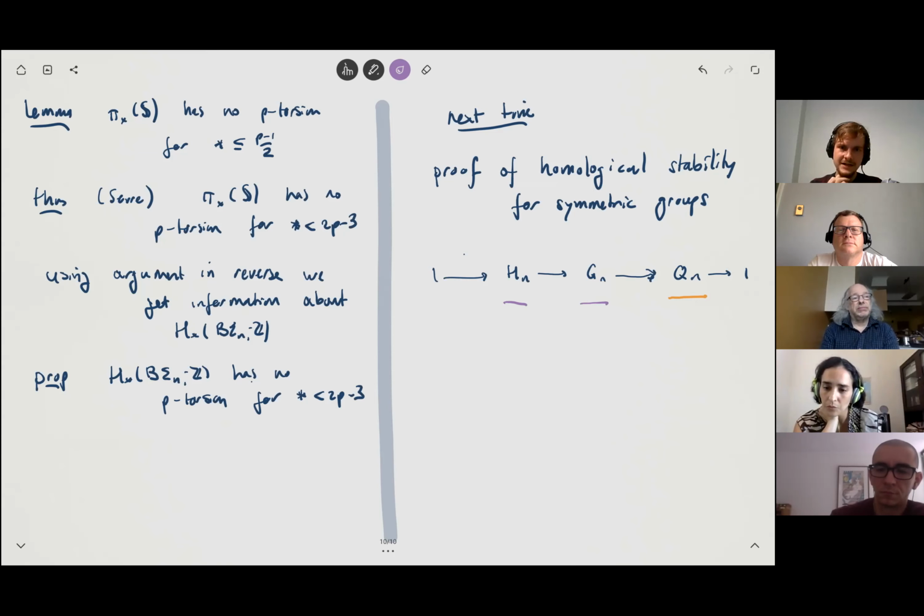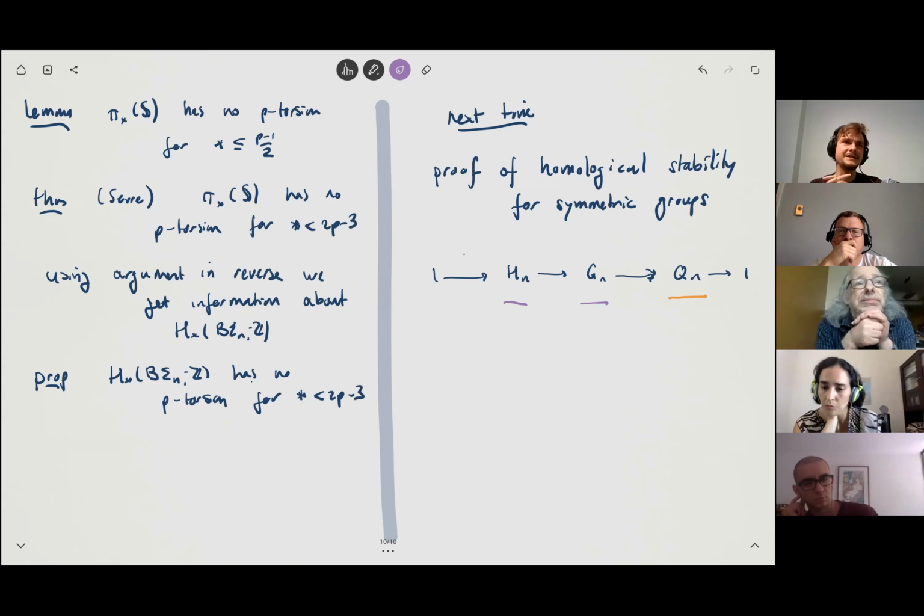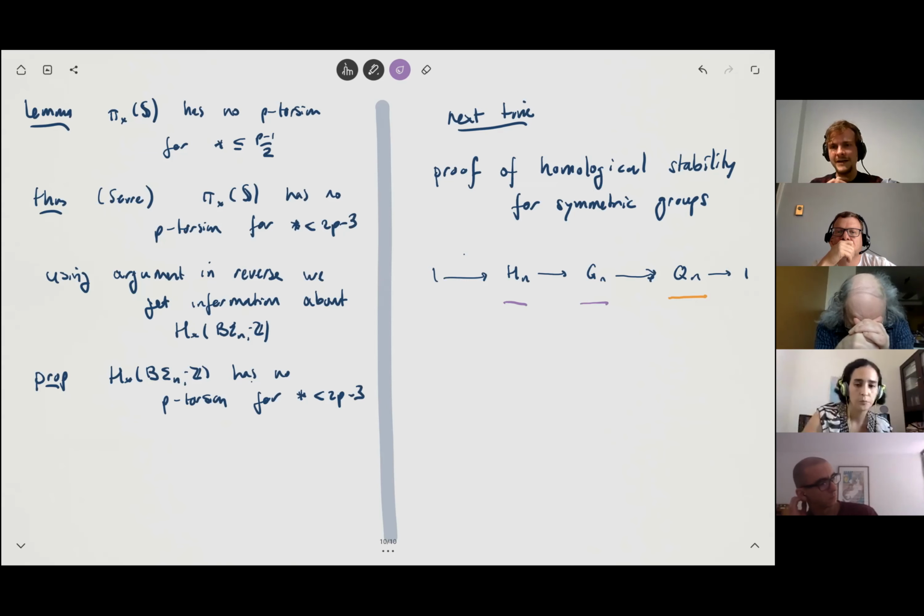What we'll see next time is that you don't really use that much about your groups, apart from that your group should arise as automorphism groups of objects in some symmetric monoidal category. That's at least a setting in which you can precisely formulate what you have to prove to get homological stability, and it boils down to a complex being highly connected.